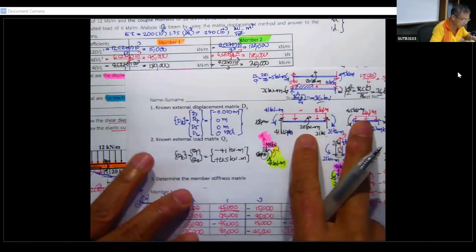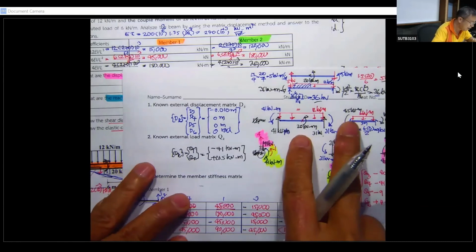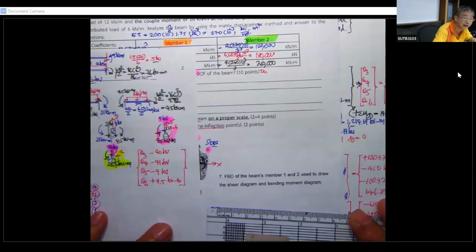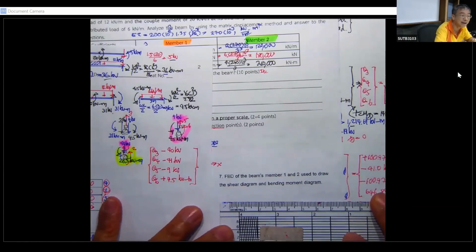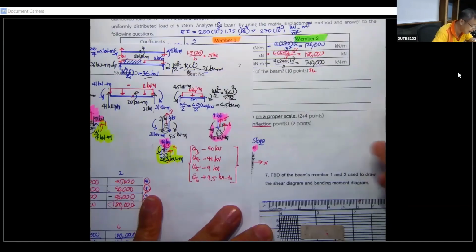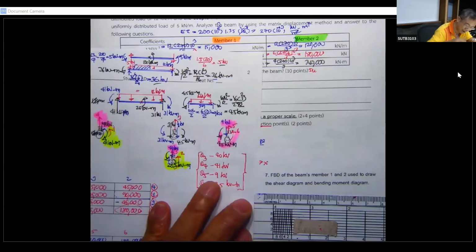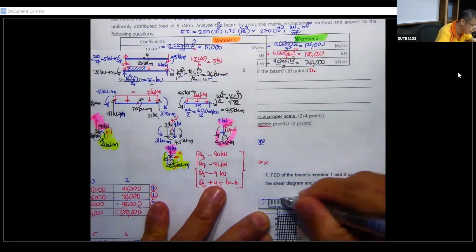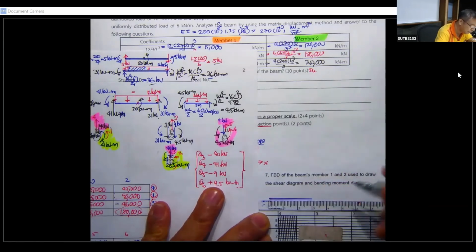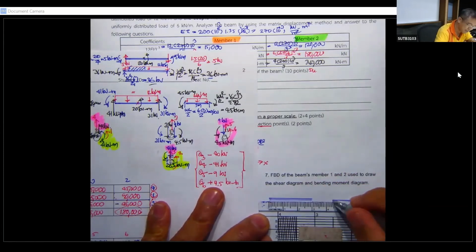Let me do it over here first. 3 and 2.5. Just move it a little bit. Then we have the area to work on. This one is 3 meter. This one is 1.5 meter.